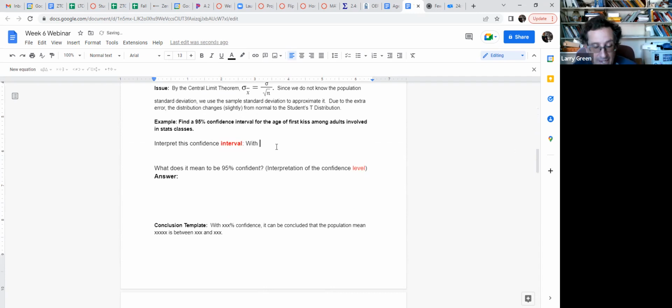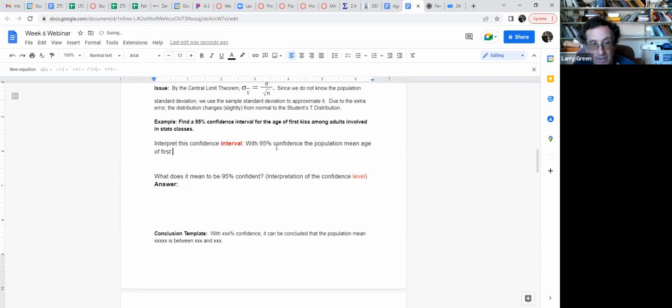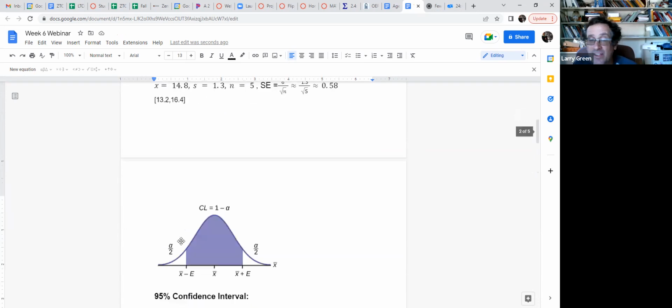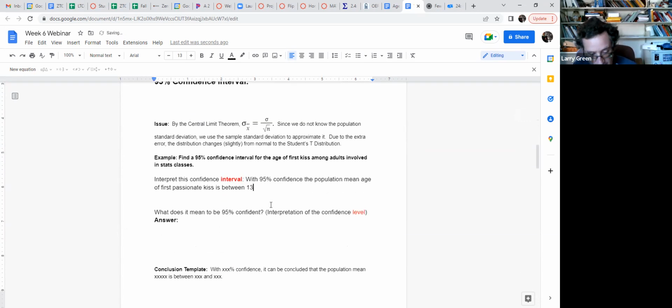And that's with 95% confidence, the population mean age of first passionate kiss is between 13.2 and 16.4 years old.